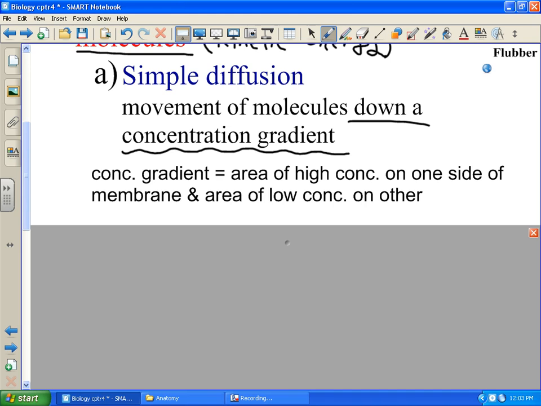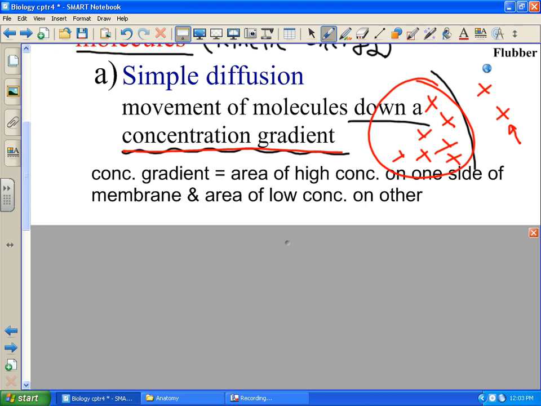For example, if I've got a cell membrane and I've got particle X, there's a difference there. I've got a lot on this side of the membrane, but only a few on the other side. That's something called a concentration gradient.